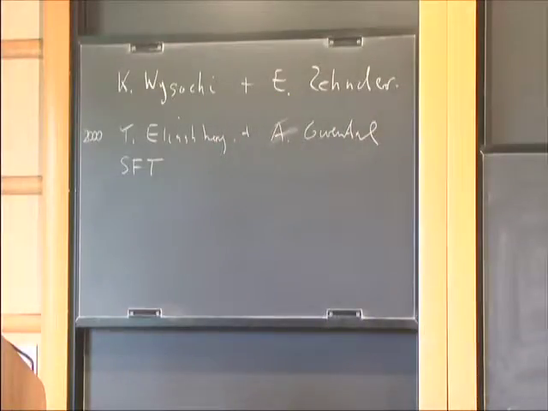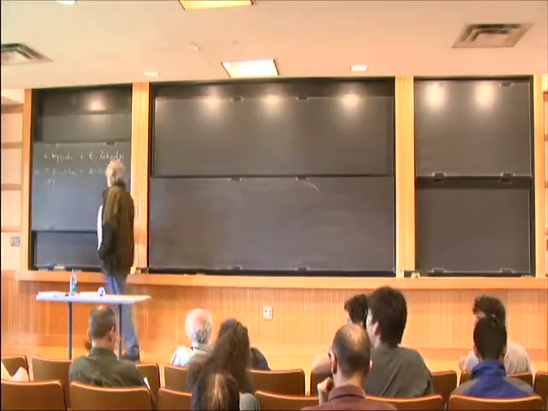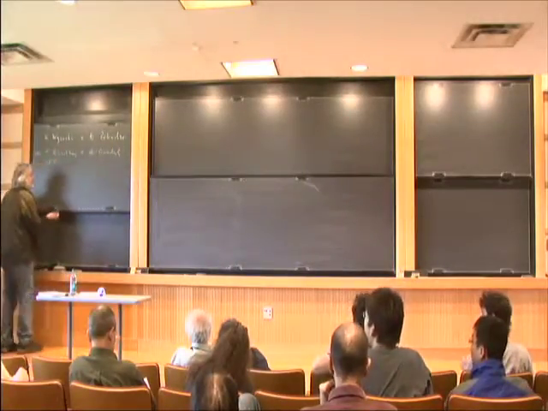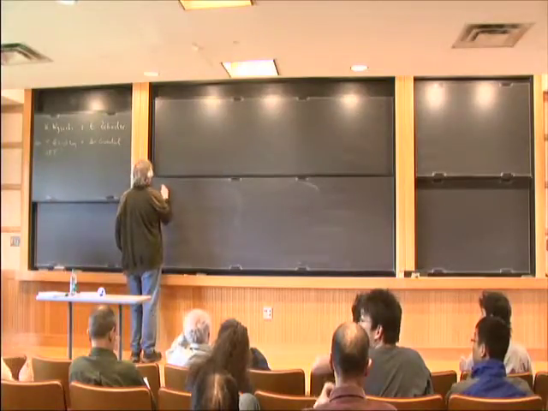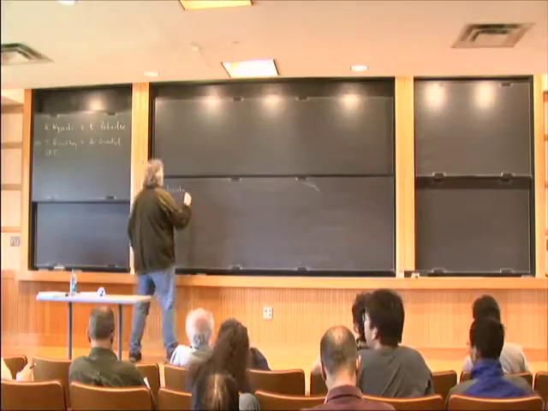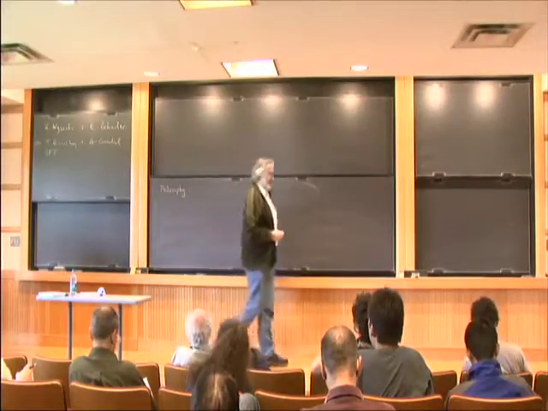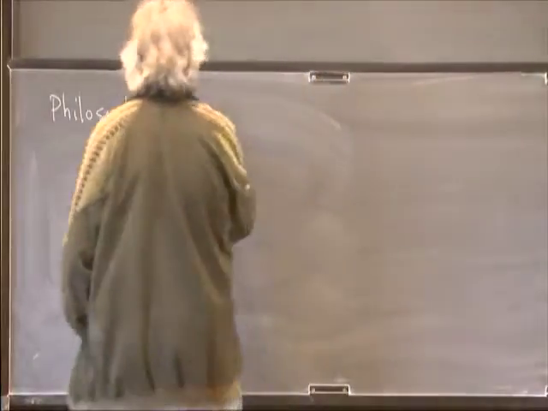So now, what is it all about? There's a useful philosophy of constructing invariants, geometric invariants. And so you have some kind of a geometric object.